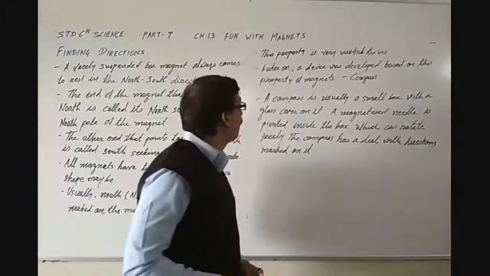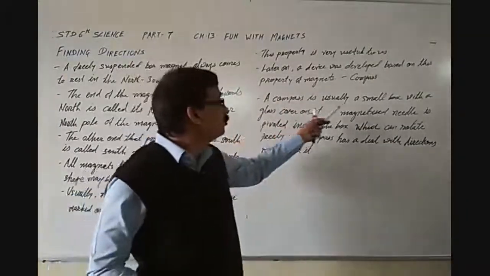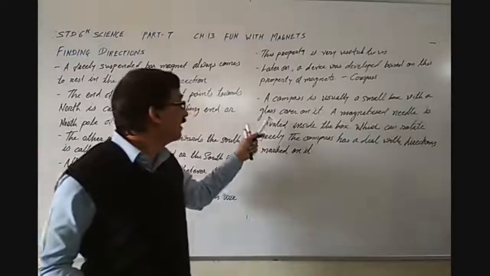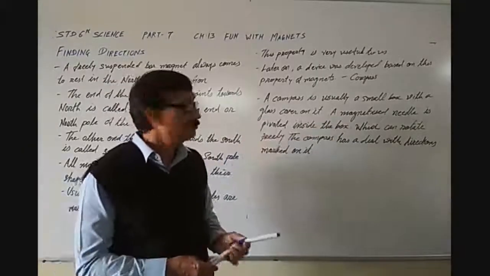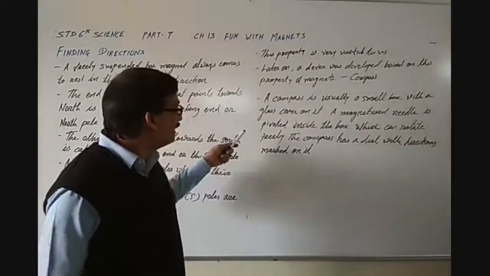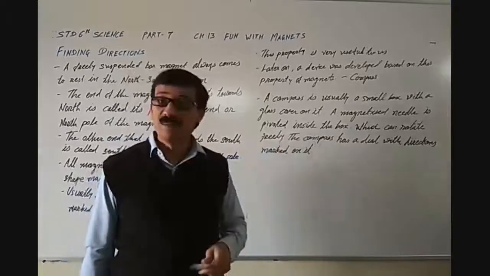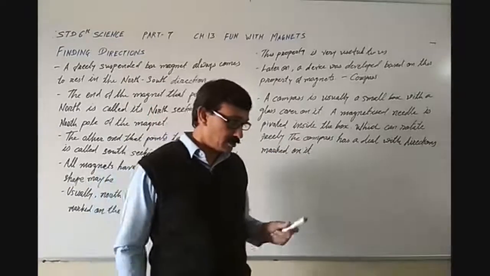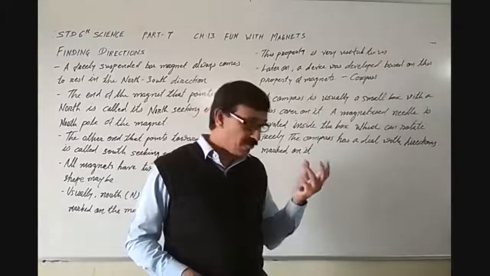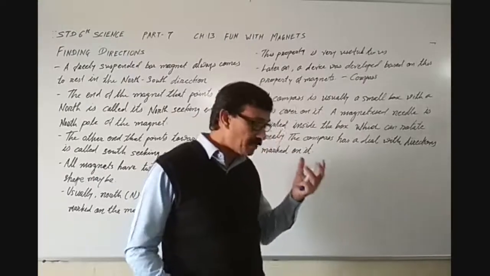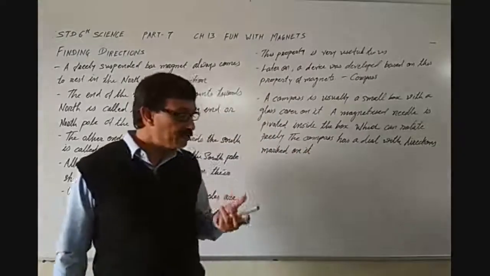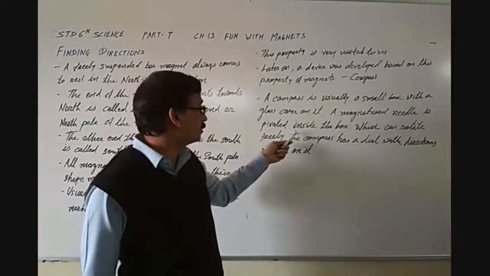A compass is usually a small box with a glass cover on it. A magnetized needle is pivoted inside the box.